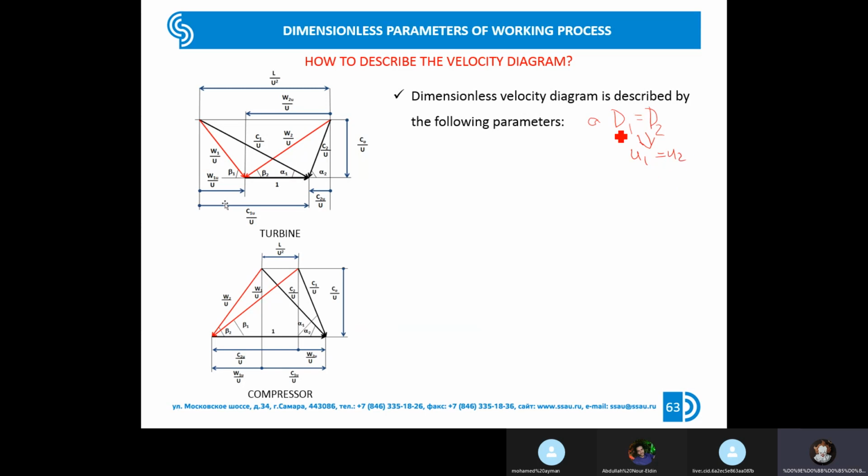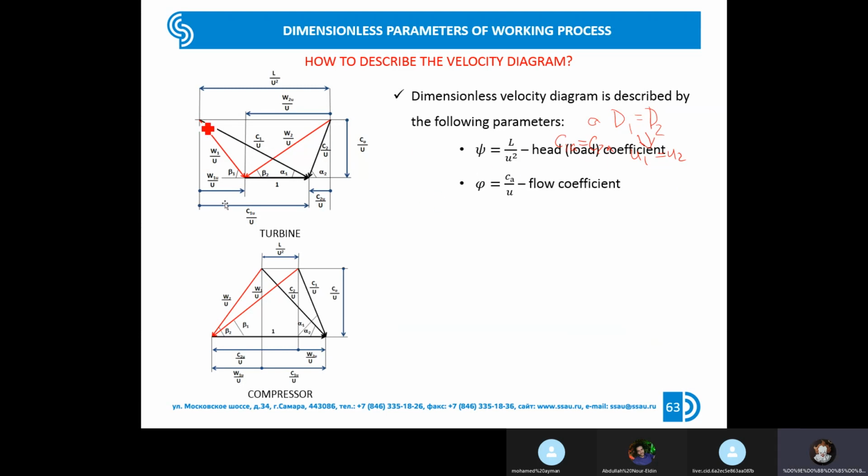And if we take the assumption that C1A equals C2A, it means the heights of these triangles will be the same. That's why, to describe the shape of the dimensionless velocity diagram, the shape of this trapezoid, we need only three main parameters.